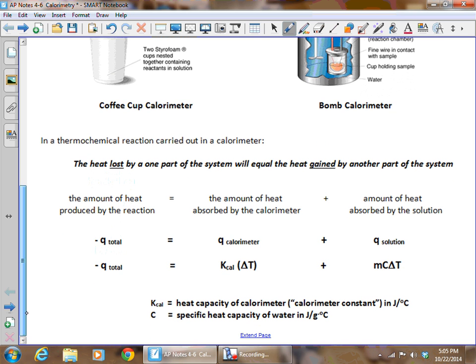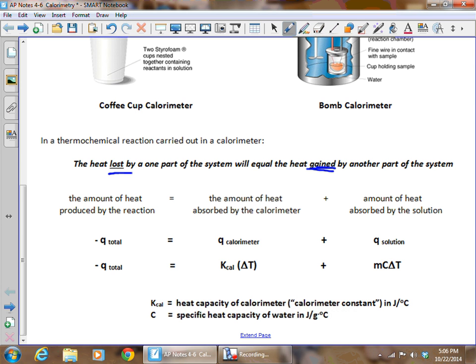So when we look at these equations, keep in mind that in any thermochemical reaction carried out in a calorimeter, the heat lost by one part of the system is going to equal the heat gained by another part of the system.